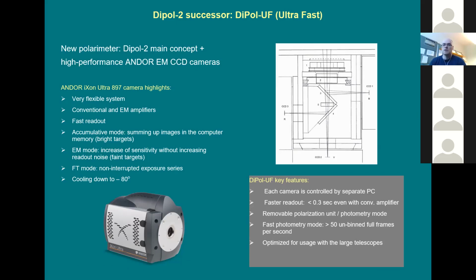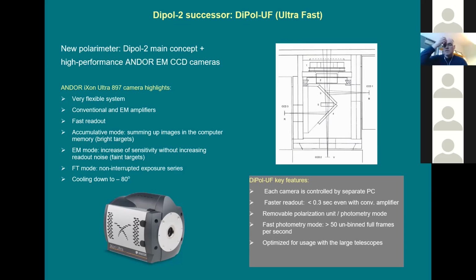This is a very nice CCD camera. It can be used in fast transfer mode because it has 2 image areas on the chip. One is for exposure and another, masked one, is for temporary image storage. So in fast transfer mode, the image download time can be very fast. And it's a very flexible system. It can be used with a conventional amplifier and an electron multiplier.